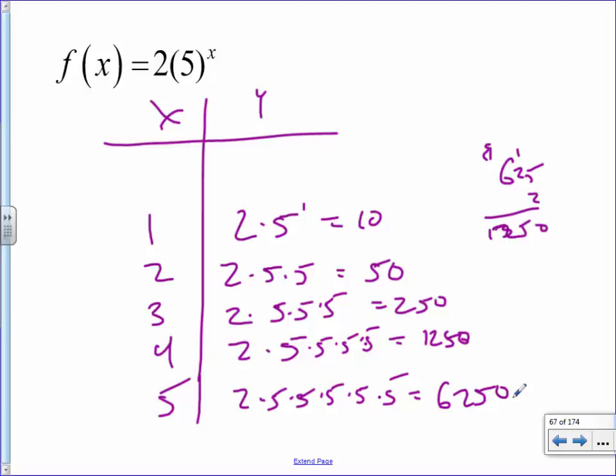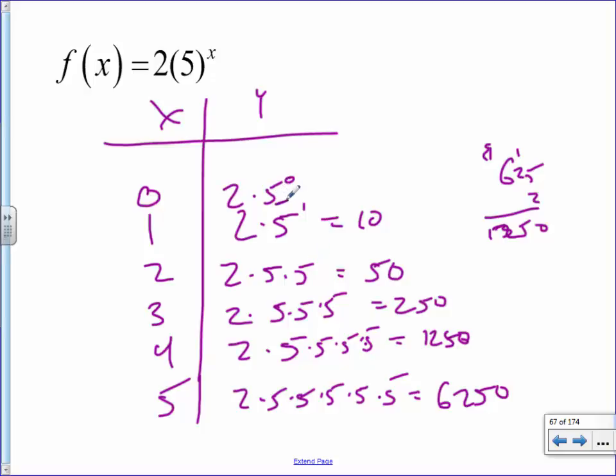Okay, cool. Okay, we should also, however, talk about the other numbers that exist. So we can't just do positive numbers, as nice as those are. Because really, what's the point of doing 6, 7, and 8? Don't we know that this graph is just going to become very big, basically? So we should try 0. The cool thing about 0 is that you have 2 times by 5 0 times.